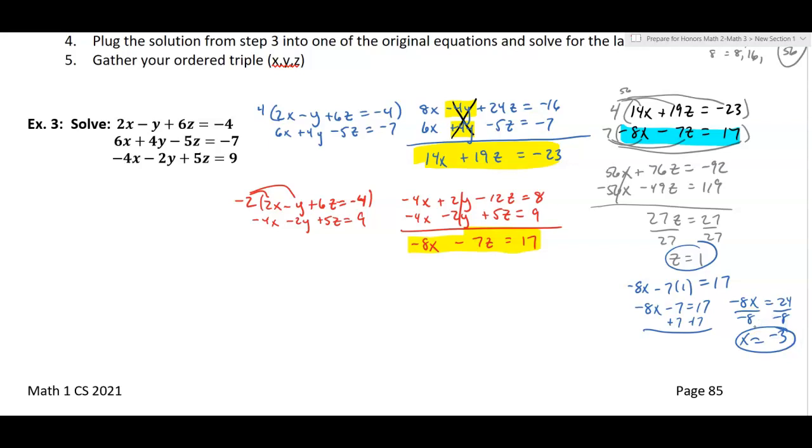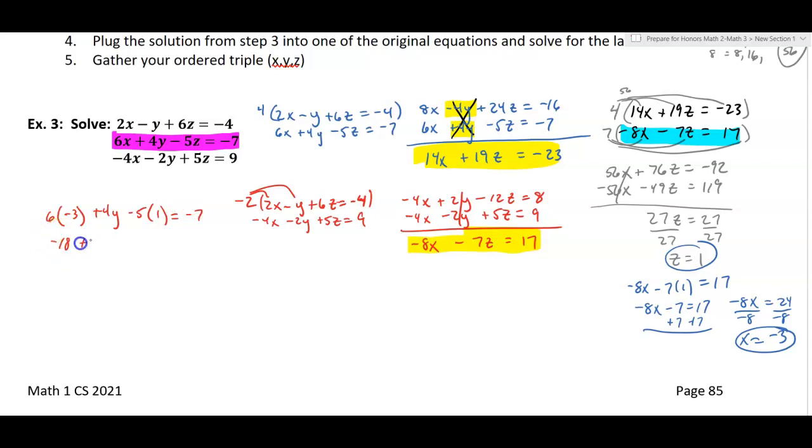So we have x, we have z. Now all we have to do is find y. It doesn't matter which equation you go back to. I'm going to take the middle equation. So 6 times x, which is negative 3, plus 4y minus 5 times 1 equals negative 7.